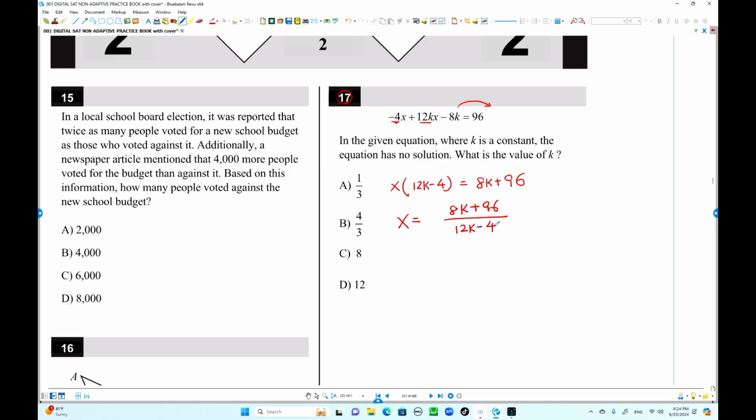That is the value of x, which is the solution. But no solution means undefined. If this number in the denominator is 0, there is no value of x, undefined. So the value of k: 12k minus 4 equals 0, so 12k equals 4, k equals 1/3. Okay, that's the answer.